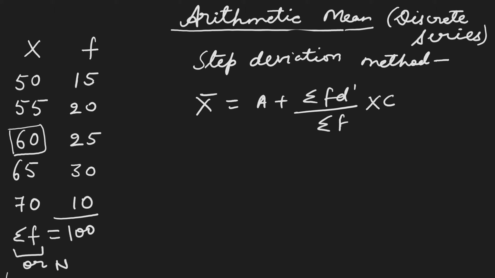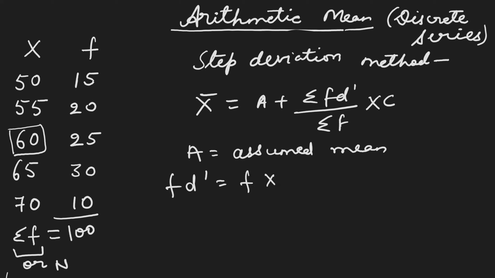So A is the assumed mean, f d dash means multiplication of f with d dash. Then what is this d dash? D dash is nothing but d upon c.